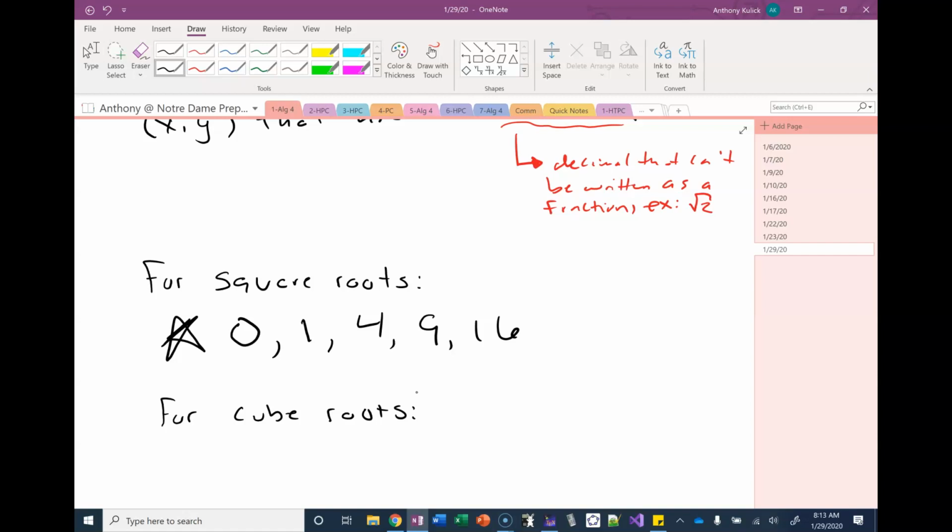So rather than starting with the smallest perfect cube, we're going to find 5 perfect cubes that are closest to 0, because 0 is one of the perfect cubes. So what's the next perfect cube after 0 and the first perfect cube before 0?